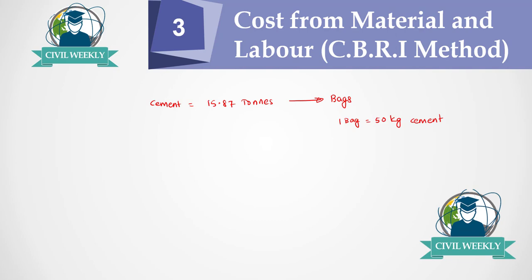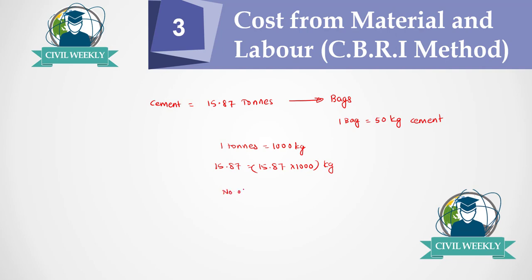So you have to convert this tons into kgs, because that is convertible. 1 ton is equal to 1000 kg. So 15.87 tons will be equal to 15.87 into 1000 kgs. But we have the rate in terms of bags, so we have to convert this into bags.